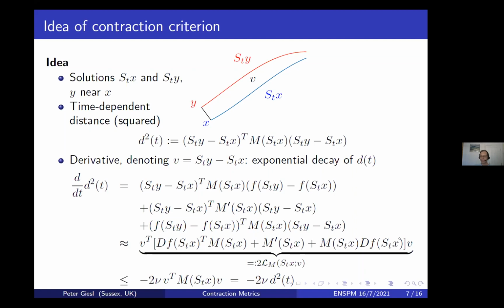And this function here I just call L_M, and you can think of it as the contraction at the point S_t x in direction v. So if you're at this point, then solutions in this direction will be contracted. And then you can immediately show exponential attraction.